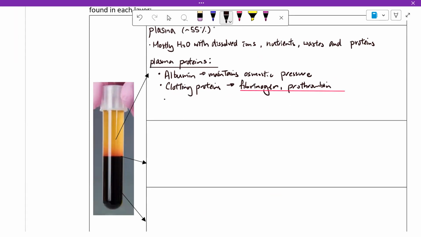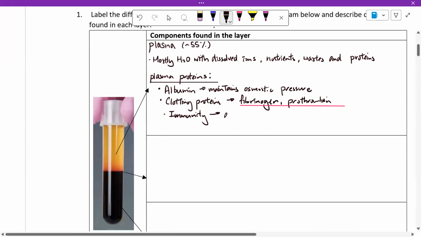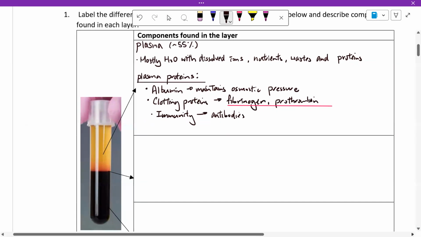And in terms of immunity, plasma proteins related to immunity, at the time when we learned this in lecture 2, we wrote antibodies. We now know the antibodies are created by B cells.